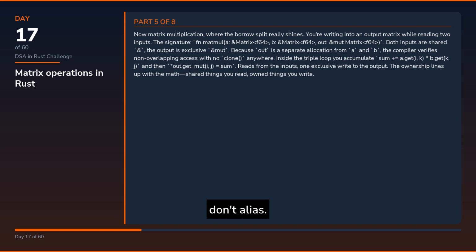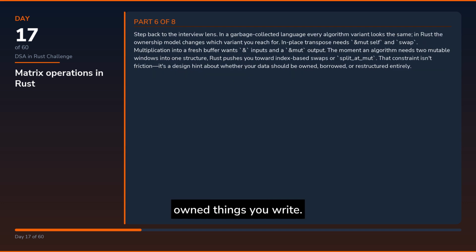Inside the triple loop, you accumulate sum += a.get(i, k) * b.get(k, j), and then *out.get_mut(i, j) = sum. Reads from the inputs, one exclusive write to the output. The ownership lines up with the math: shared things you read, owned things you write.